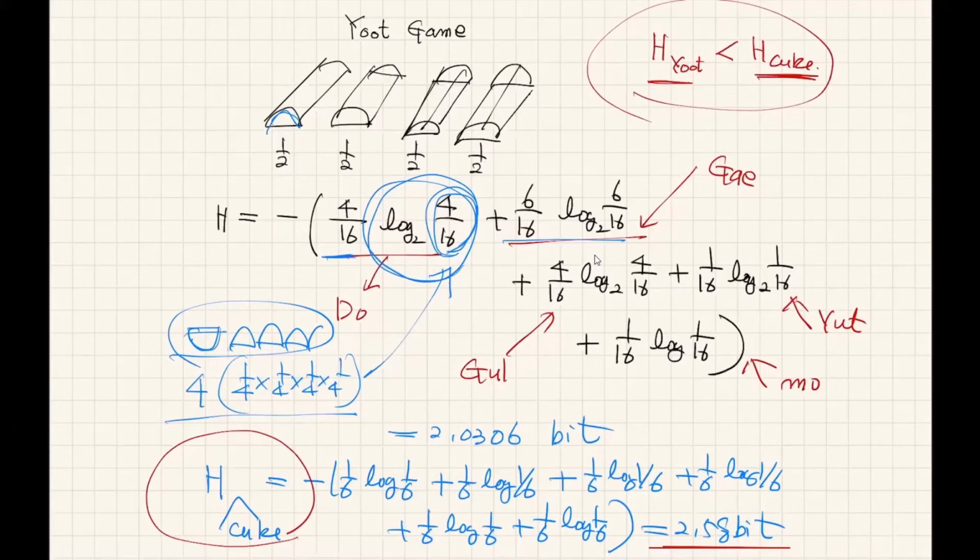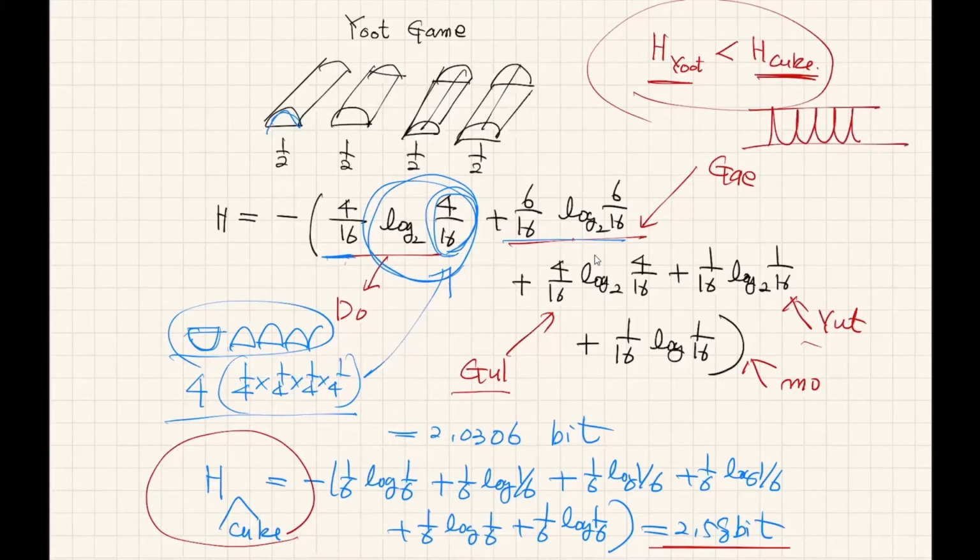However, in the case of the do, ge, geol, yut, mo game, the probability of do, ge, geol, yut, mo are different. In the cube case, all 6 have the same probability.